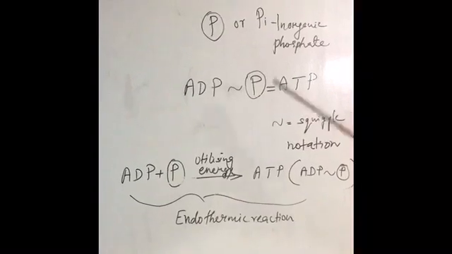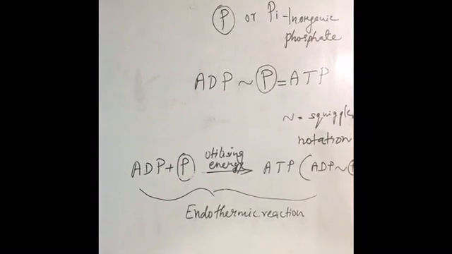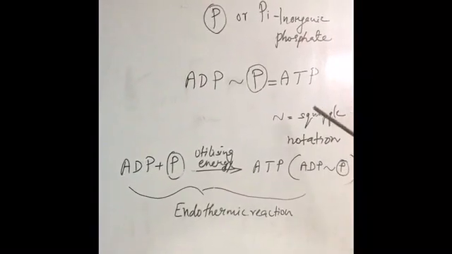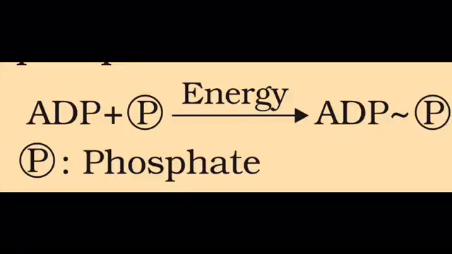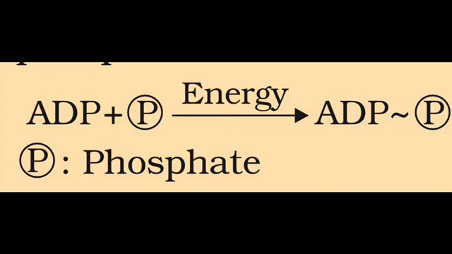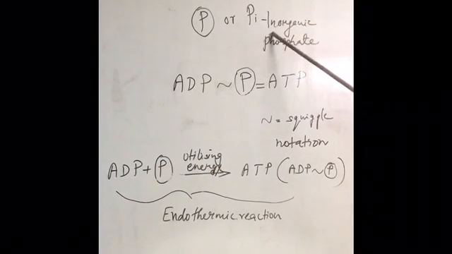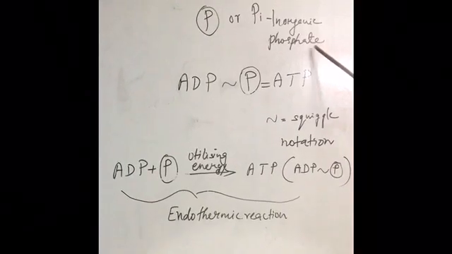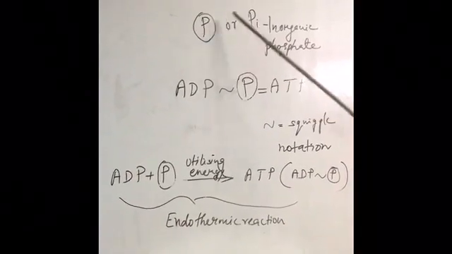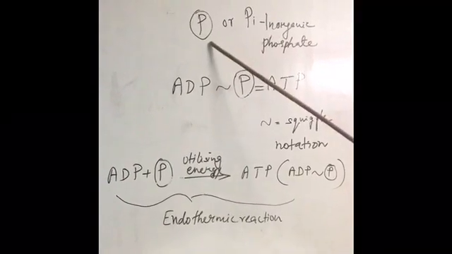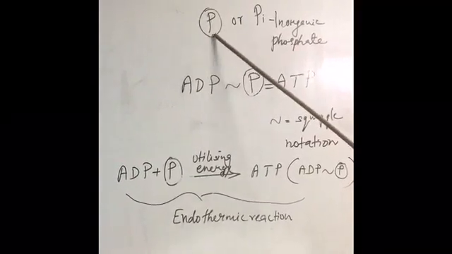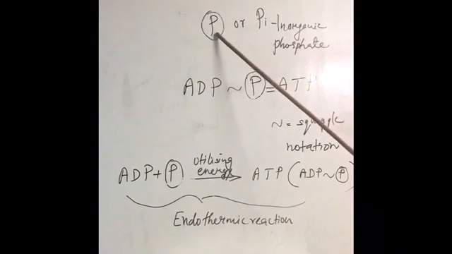This swiggle notation shows the high energy phosphate link. In the NCERT book you can see this notation is shown. You can represent an inorganic phosphate in this way or as Pi. In the NCERT book, the inorganic phosphate is represented like this.